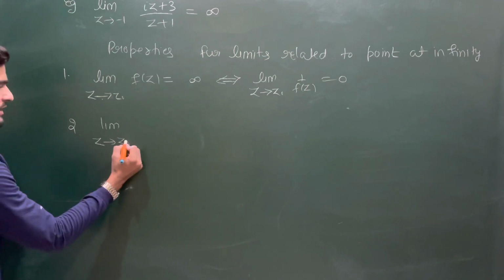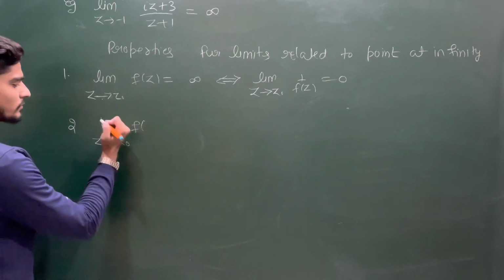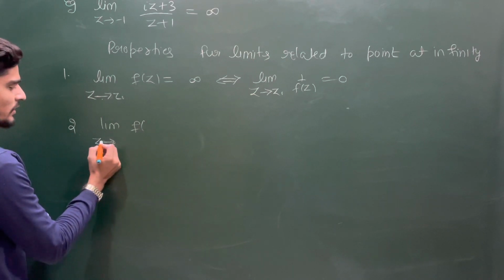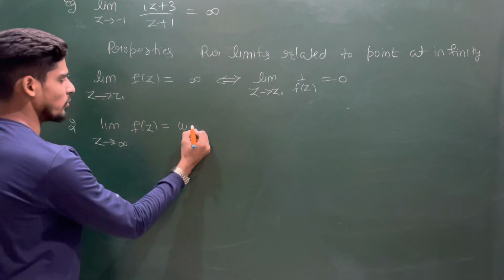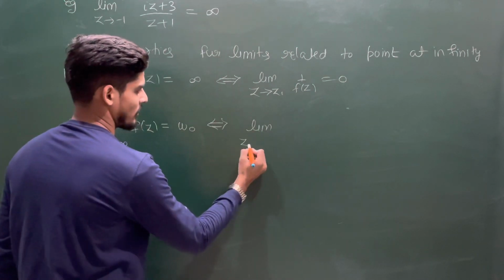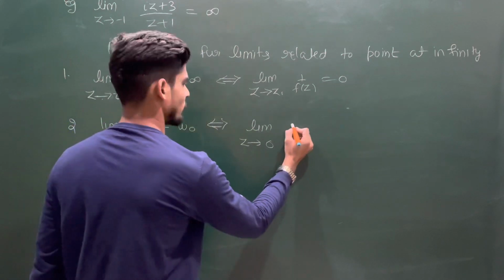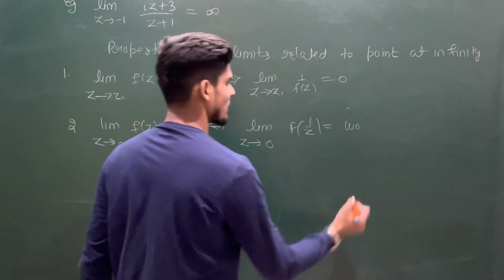Limit z approaches z naught, or limit z tends to infinity, fz is w naught if and only if limit z approaches 0, f of 1 by z is w naught.